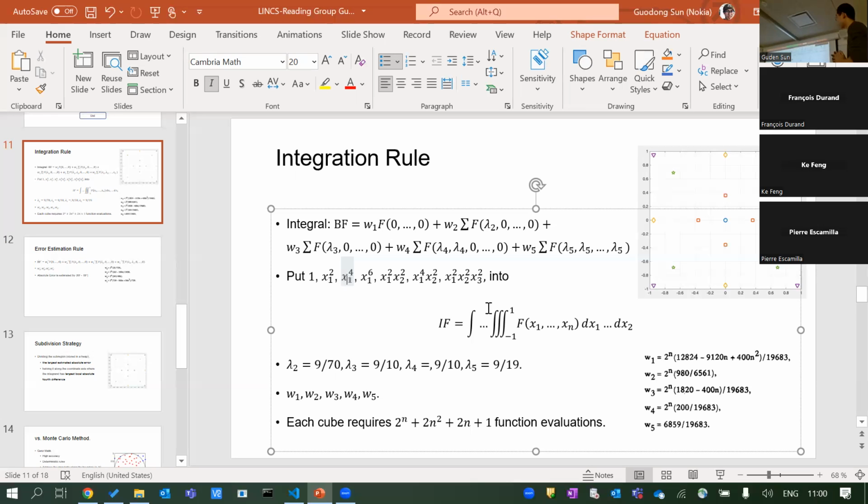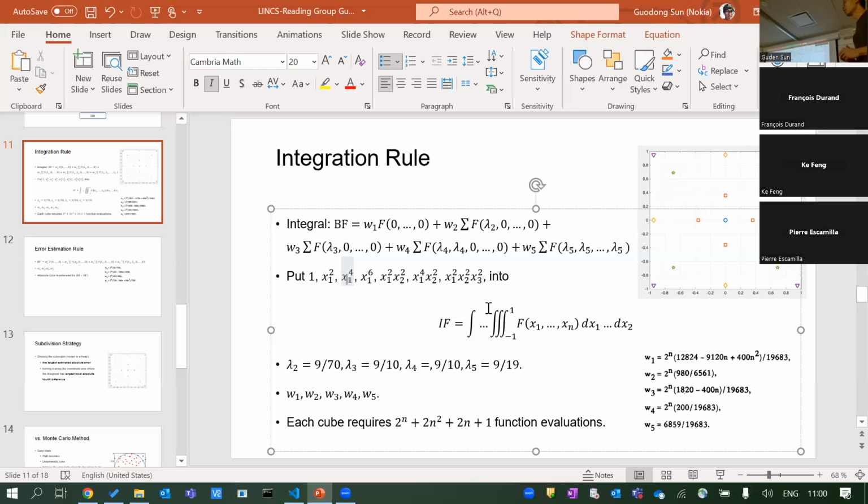The question is about whether the BF is a representation. Earlier you said, I have this function, I approximate it by a polynomial, and then I do the integration using the polynomial, right? Yes.